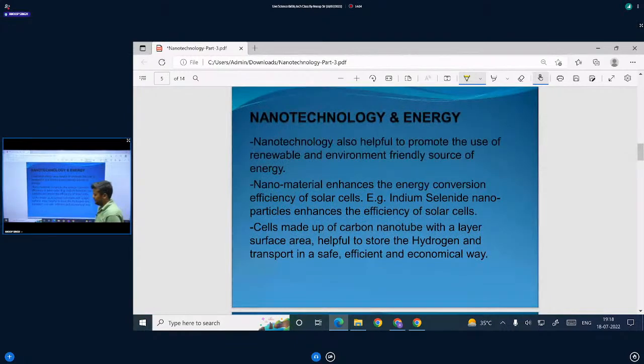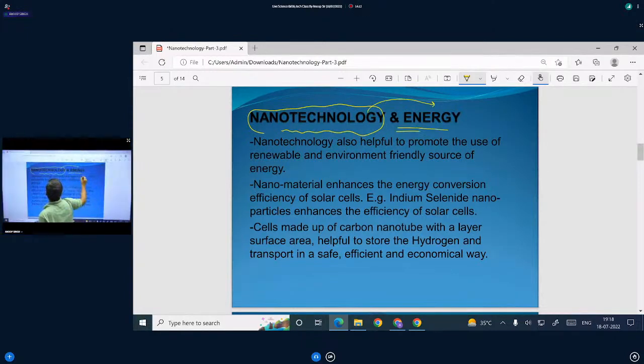Now we will see how nanotechnology is helpful in the energy area. These nanotechnology materials also enhance the efficiency of solar cells.